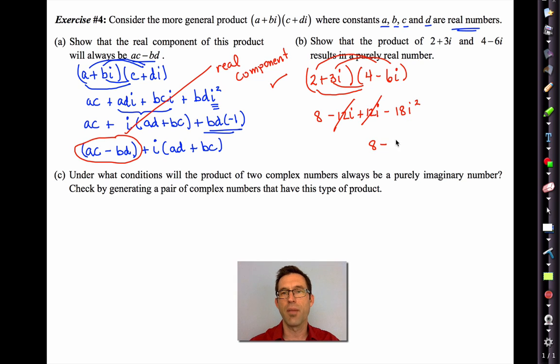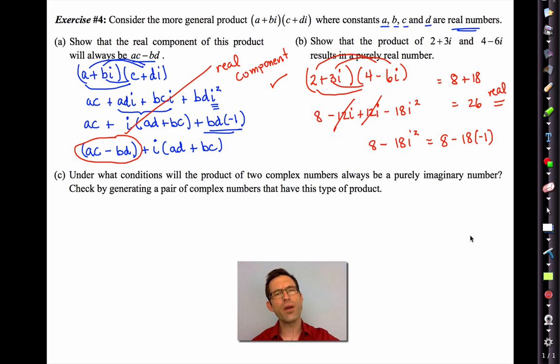So I'm going to get 8 minus 18i squared, but that still looks like it could have an imaginary component. But as soon as I put in a negative 1 for i squared, then I just get 8 plus 18, which is 26. And that's purely real. Right? There's no i component. Purely real number.